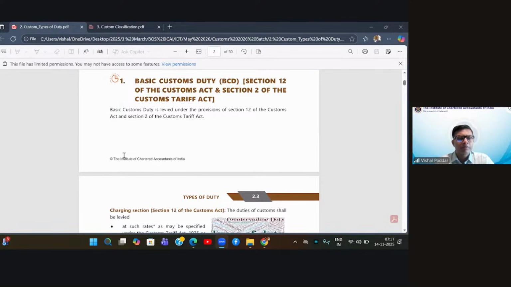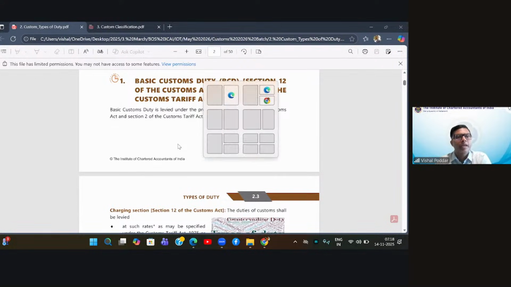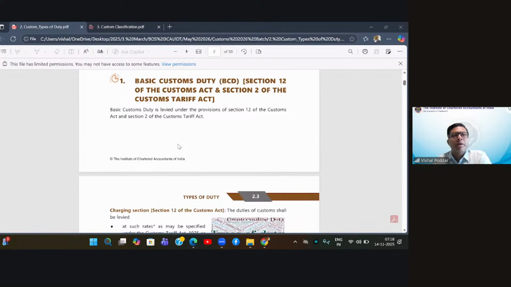One, the parent act, which provided for all the provisions relating to levy, exemption, compliance, and assessment, etc. And one separate law, which was exclusively designed to provide only for the rate of duty, rate of tax. The same format is available in case of excise. The same format is followed in case of customs.